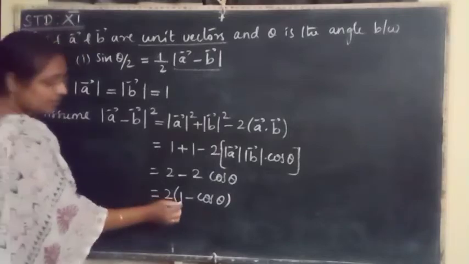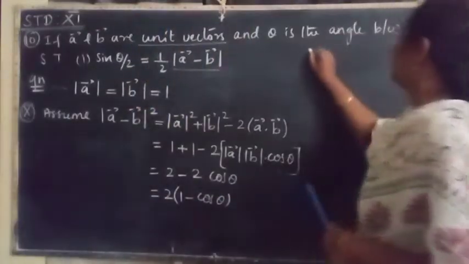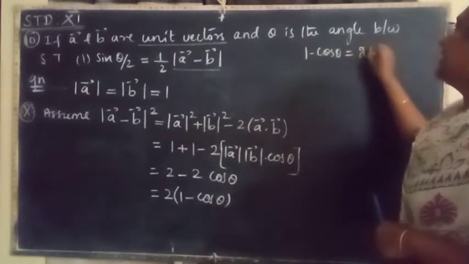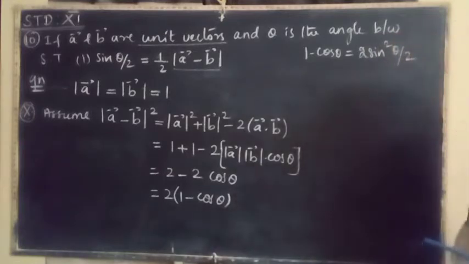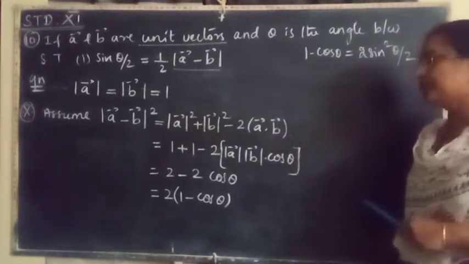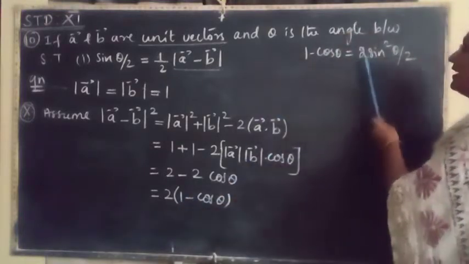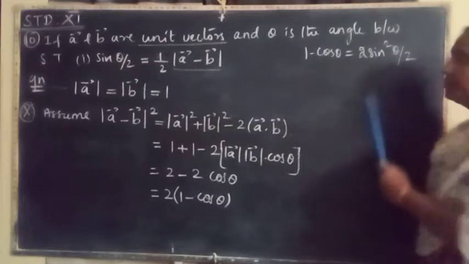Instead of 1 minus cos theta, please memorize that 1 minus cos theta can be rewritten as 2 into sin square theta by 2. So in the place of 1 minus cos theta, I am going to rewrite it as 2 into sin square theta divided by 2.